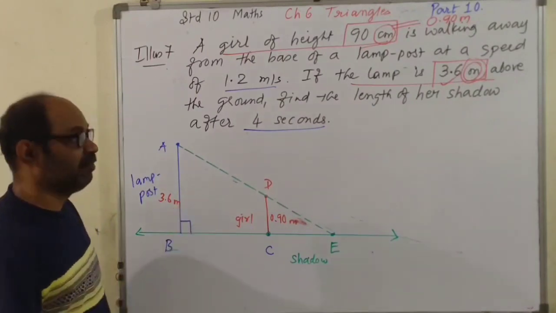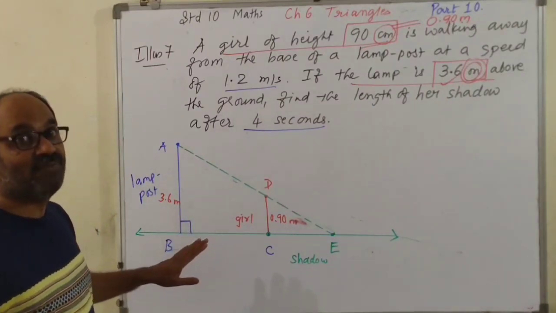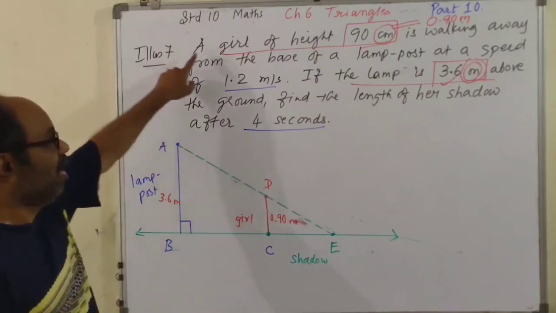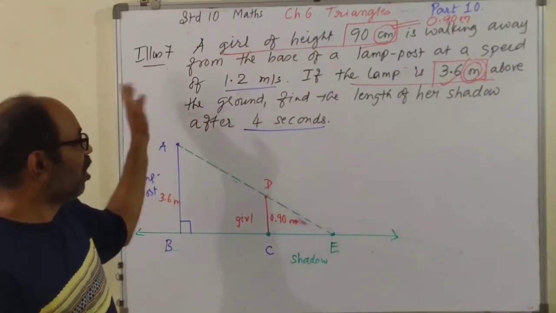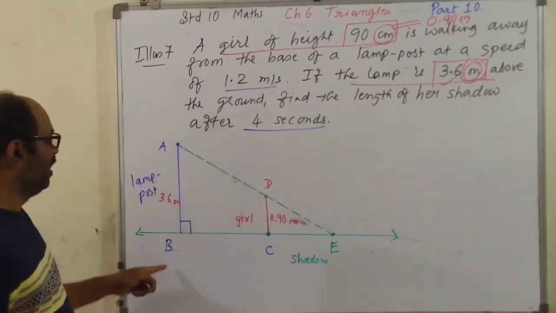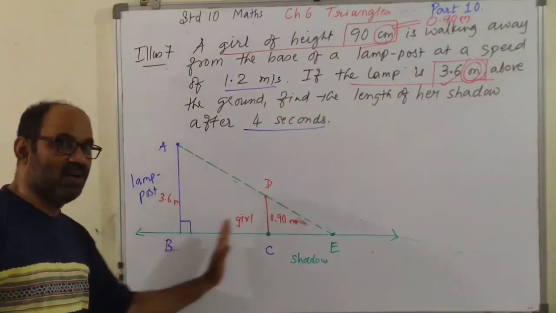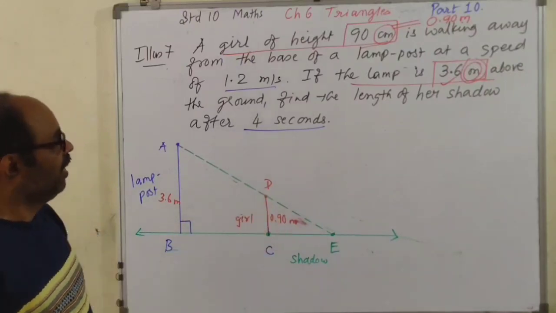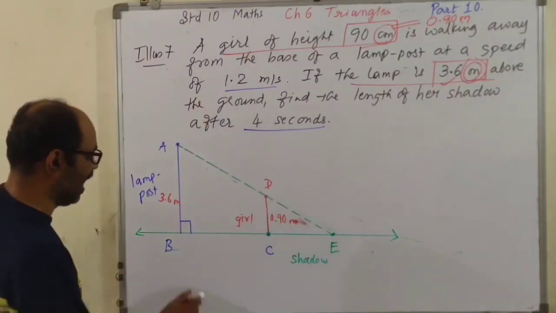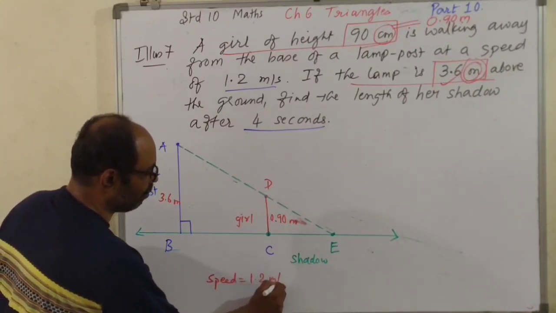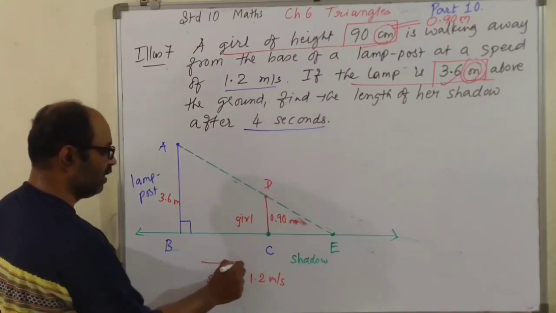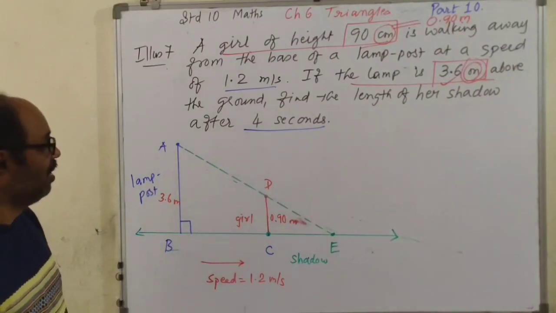Okay, I'll read the statement once again and check whether we have missed out anything. A girl of height 90 centimeter, that means 0.90 meter, is walking away from the base of the lamppost. AB is the lamppost, B is the base. She walks away at the speed of 1.2 meter per second. When she's walking here, the speed is 1.2 meter per second.